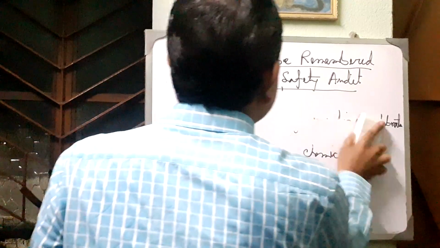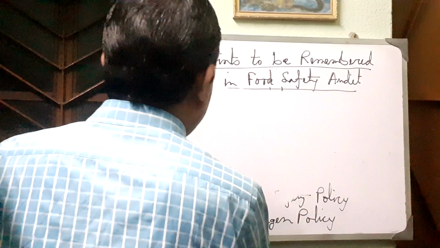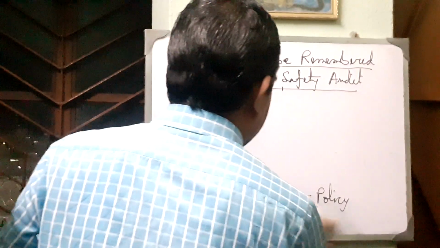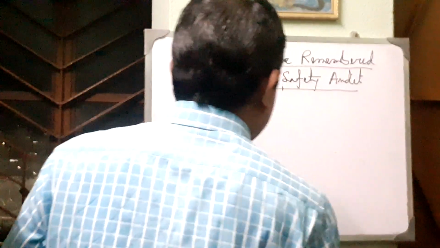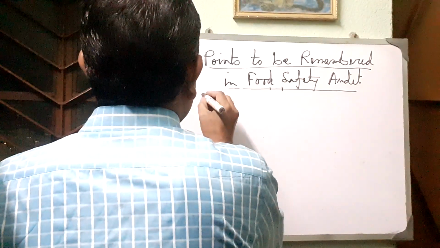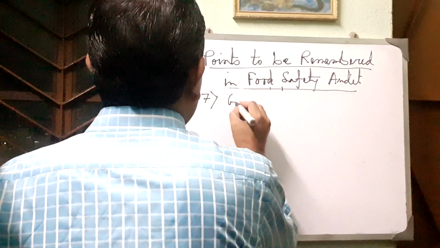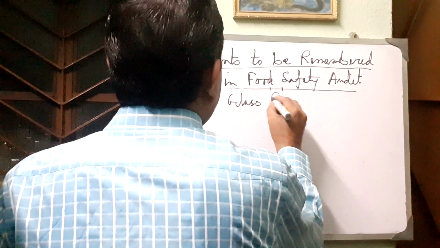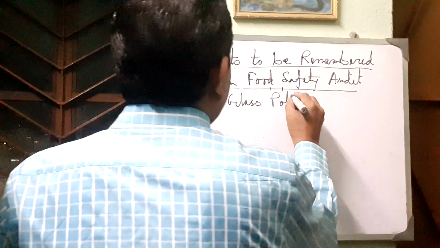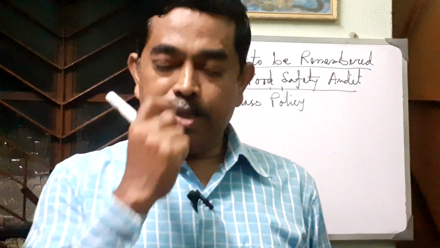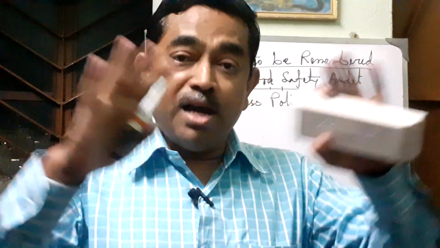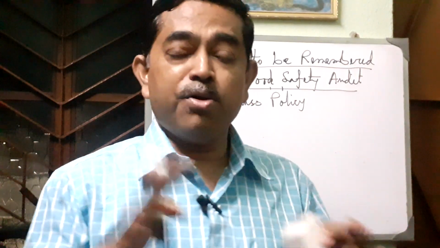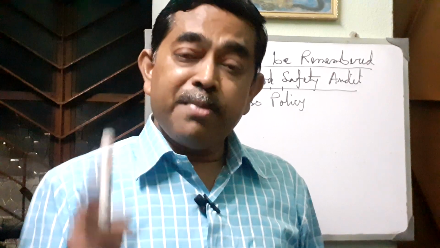The seventh one is the glass policy. Every glass in your organization, used for window panes or anything, should be numbered properly.